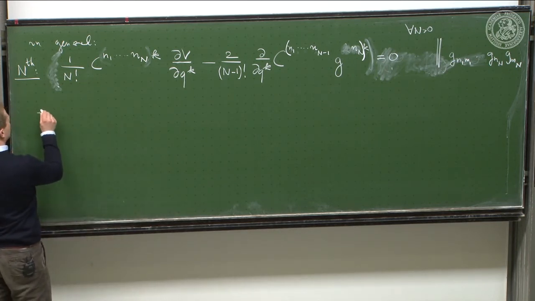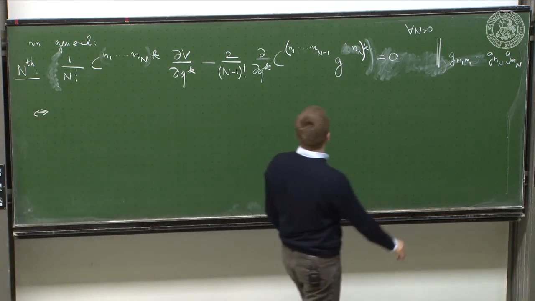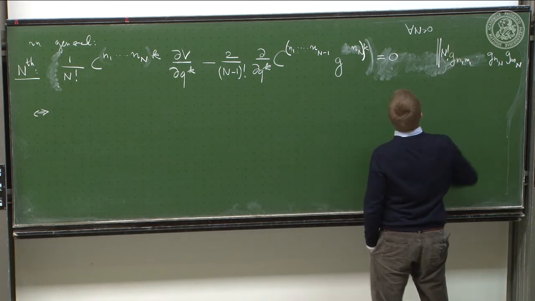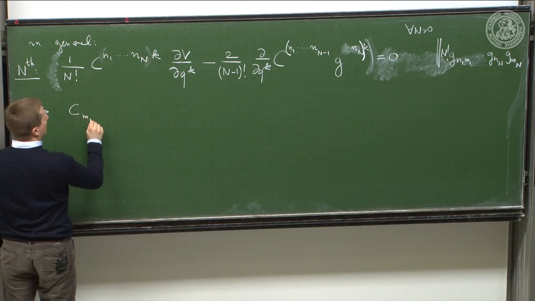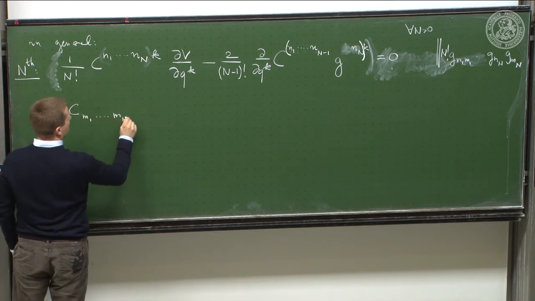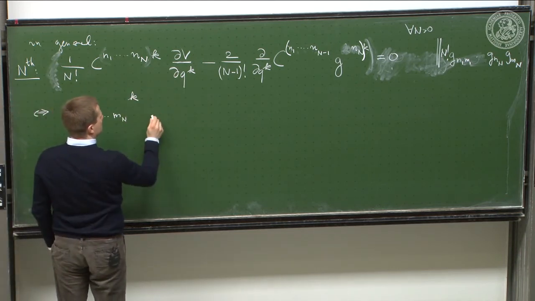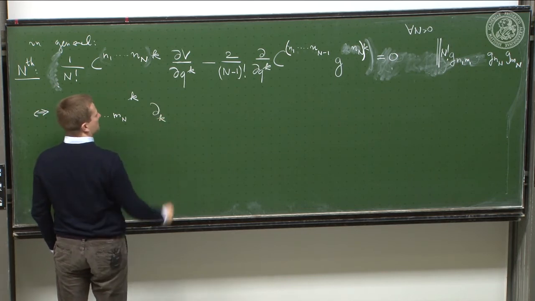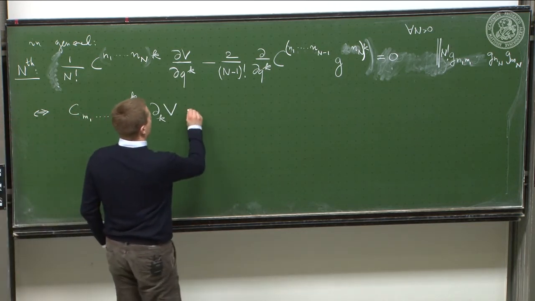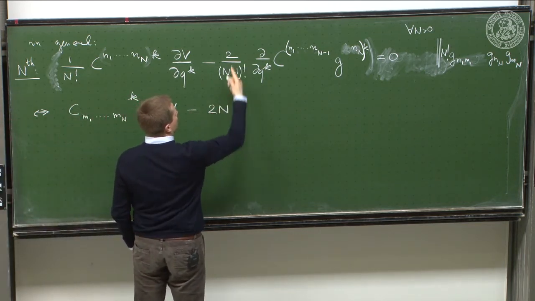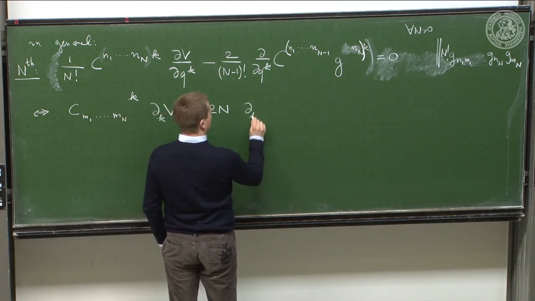So what we get then from that, it's equivalent to, oh, and we could multiply by n factorial, because that cancels this factor here. So then we get C m1 to mn up k. The k stays up there. And now I write this derivative del k just means with respect to spatial coordinates. Del k v minus 2n, because n factorial and the 2 and so on. And here I have del k, spatial derivative.